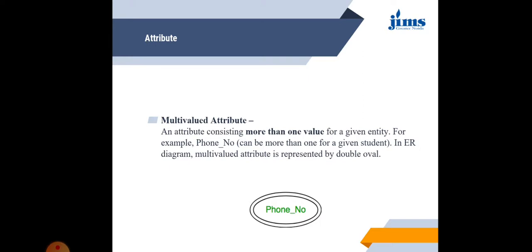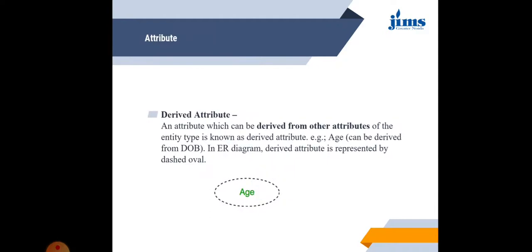Suppose the phone number: a student can have more than one phone number, so this is known as a multi-valued attribute. The next one is the derived attribute. A derived attribute means an attribute which can be derived from another attribute. Suppose age: we can derive the age from the date of birth, so age can be a derived attribute.